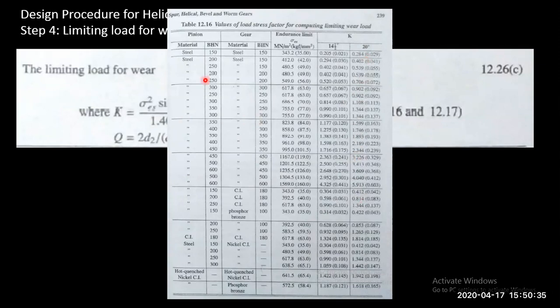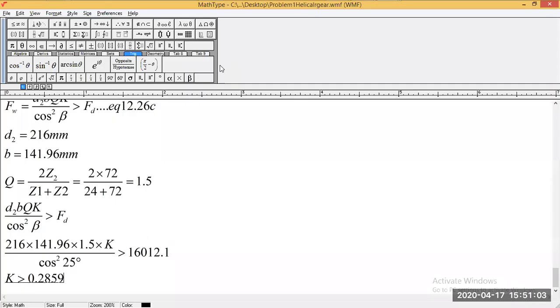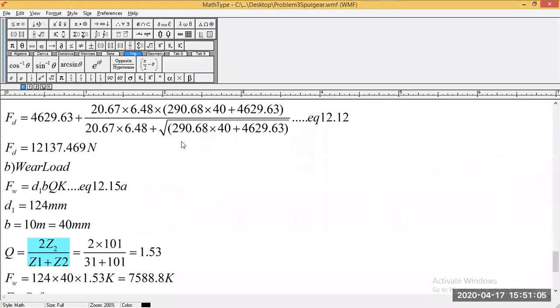and combination is steel, steel. Cast steel and carbon steel. So I think this is the closest value. The next highest is this value here, 0.40. So for that, the hardness for pinion is 200, gear is 150. So BHN for pinion, let me type this.